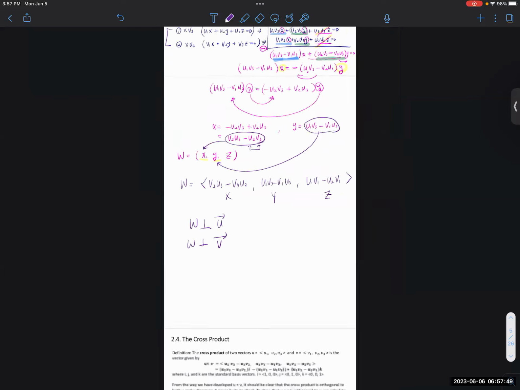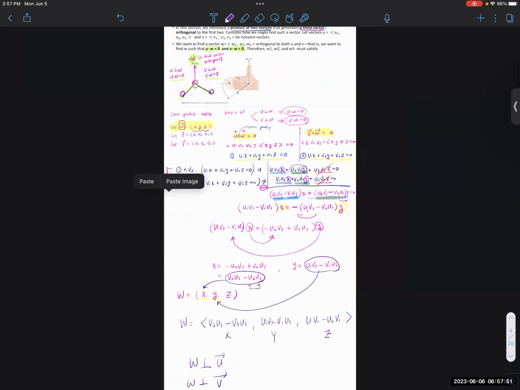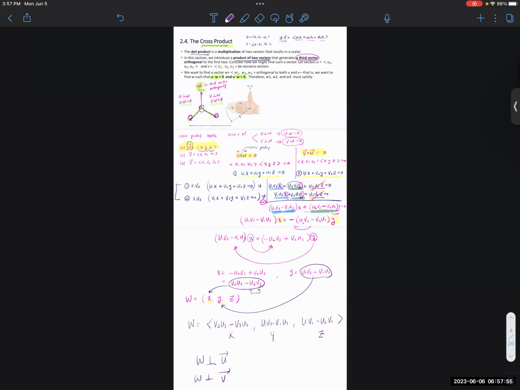As you see, it's very complicated to find the W vector. But just remember, this is a very traditional way to find W, which is a unique vector that is perpendicular to each of the U and V vectors, and this is the algebraic work to find the W vector.